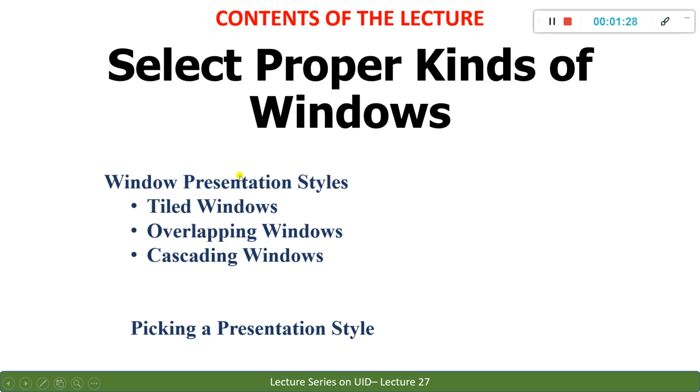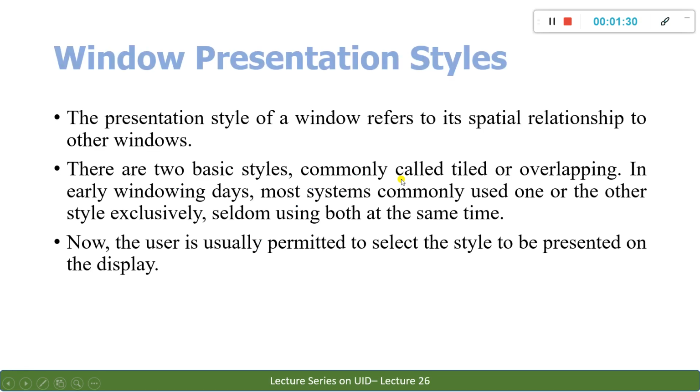So first we'll see what a presentation style is. A window presentation style refers to its spatial relationship with the other windows. That is, if I have two windows, the first window and the second window, what is the relationship between them spatially, in the sense of whether they should be kept parallelly, displaying vertically on the screen, or whether they are one beside the other, or one above the other.